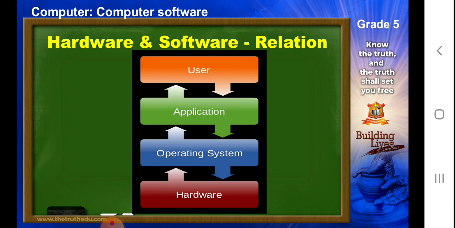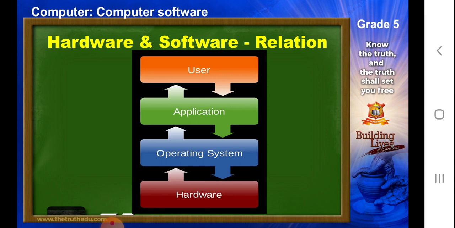I use some application, like MS Word, MS Excel, MS PowerPoint, a game, Paint, anything. That's an application. So when I as a user use that application, that information is passed on to the operating system, because all application software has to work with the operating system.